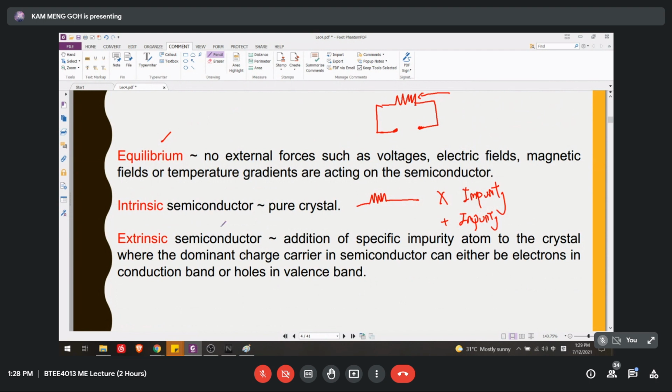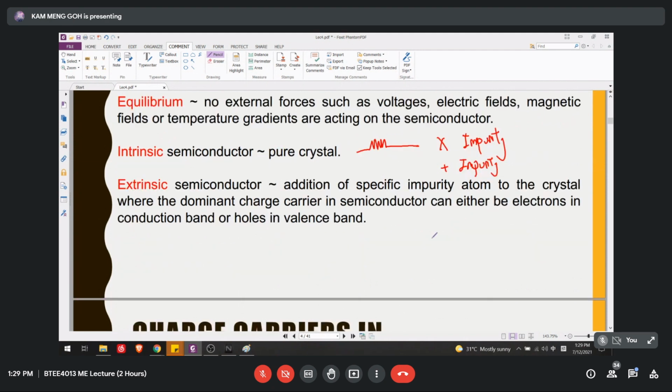So what's the extrinsic semiconductor? It is the addition of a specific impurity atom to a crystal where the dominant charge carrier in the semiconductor can be either the electron in the conduction band or the hole in the valence band. Which means that if originally, let's say, this semiconductor has 5 electrons and 5 holes, but you want it to be more negative charge, then maybe you add a dopant of electrons, maybe 7.